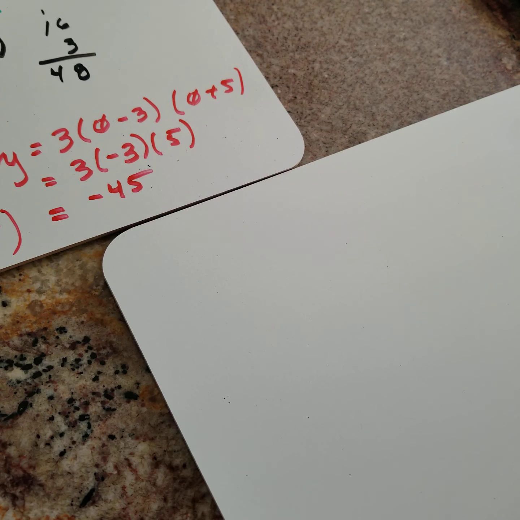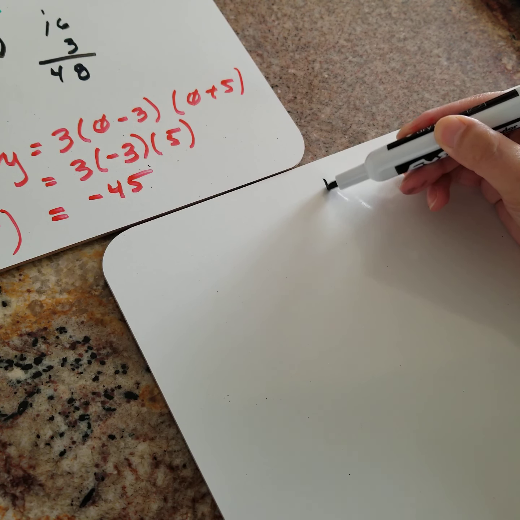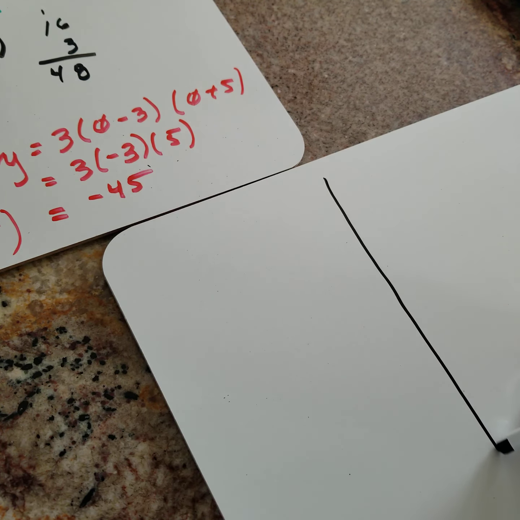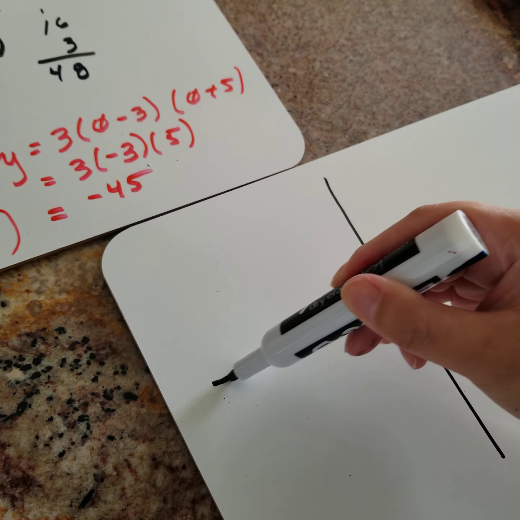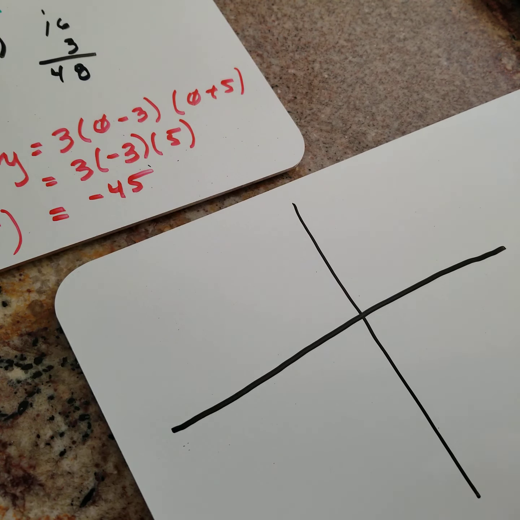So let me draw what we have. We want negative 45. And it's opening up. So let me draw something like this. I want that space here because I know I'm supposed to go all the way down to negative 48.